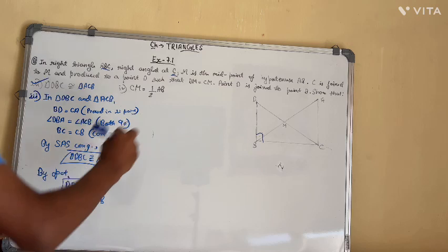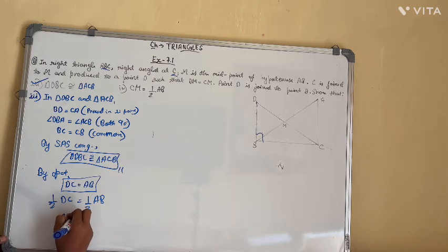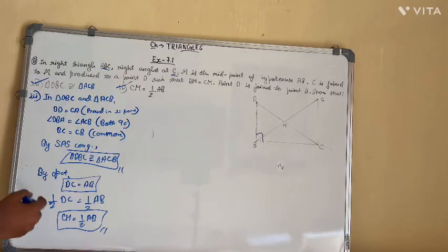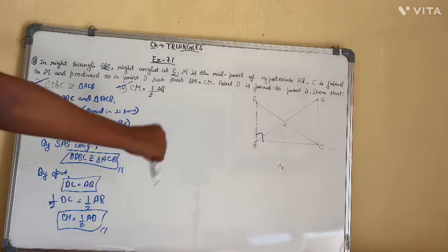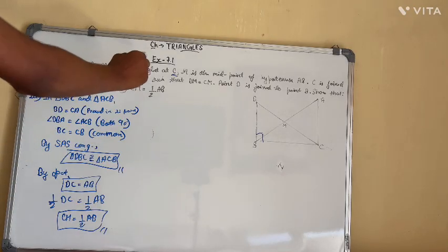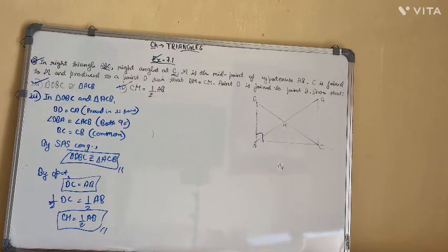So half of DC, which is CM, is equal to half of AB. So we have proved this also. We do the half on both sides, and by CPCT we have done that DC is equal to AB, then CM is equal to half of AB. So both the parts are done. The 8th question is also done, and in our exercise 7.1, this is the last question, this is also done.